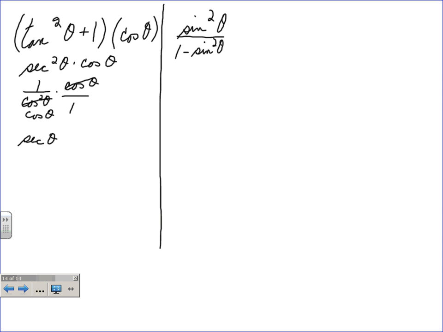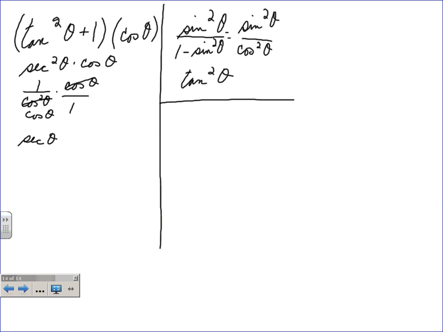But if you look at the denominator, you have sine squared theta over, and that's a Pythagorean identity, it's over cosine squared. Sine squared over cosine squared is tangent squared.